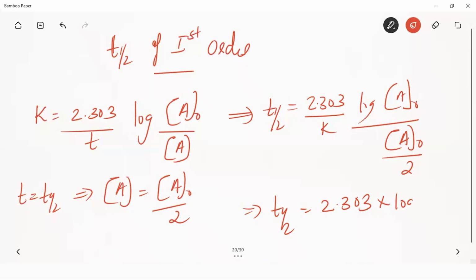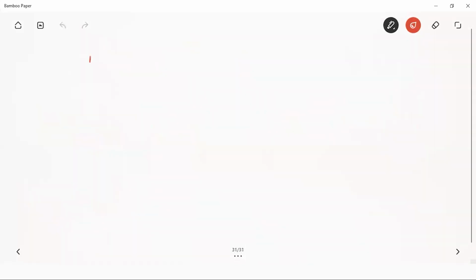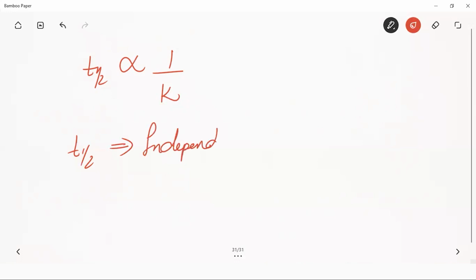You will be getting the last equation: T half for a first order reaction is 0.693 by K. From this equation it is very clear that T half for a first order reaction is inversely proportional to rate constant, and T half for first order reaction is independent of initial concentration of the reactant.